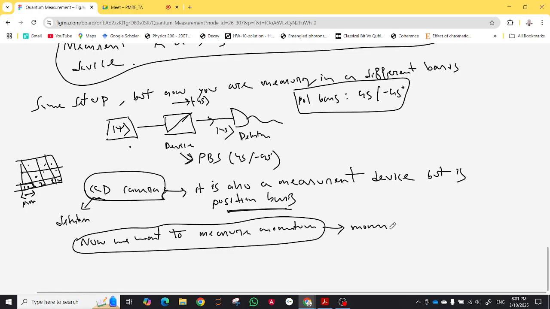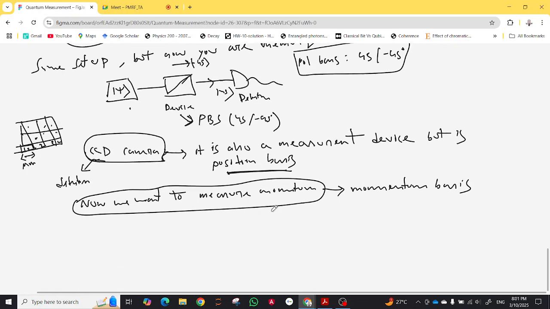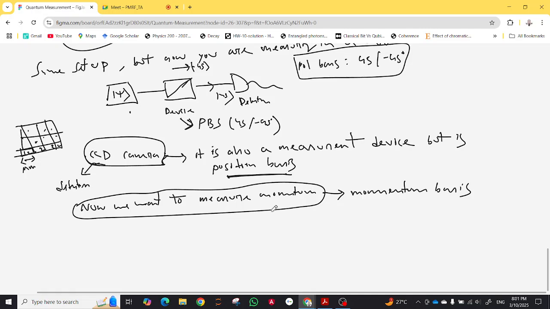So what will you do now? How will you measure momentum? And what device or what detector do you want to use now? Position you can easily measure with the camera, right?